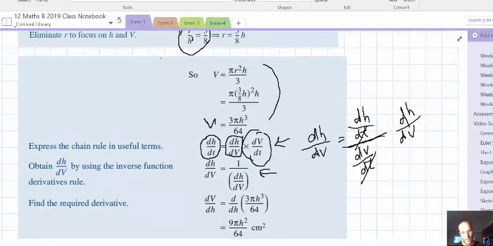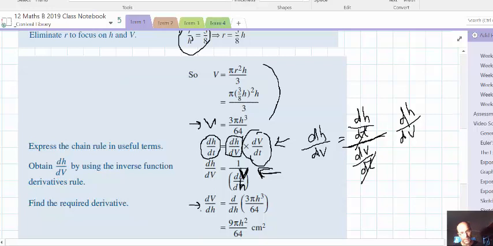You can see that they've made a mistake here on this line. Obviously that statement there is not true, so that is meant to be a dv/dh. Okay, so dv/dh, and it's the inverse function, so we can get the dh/dv from there.